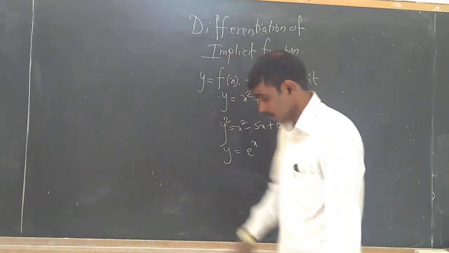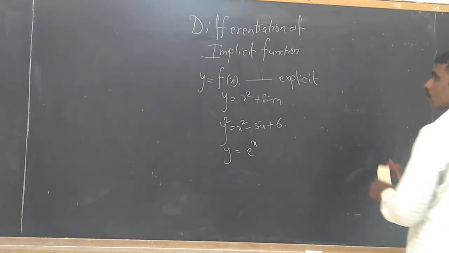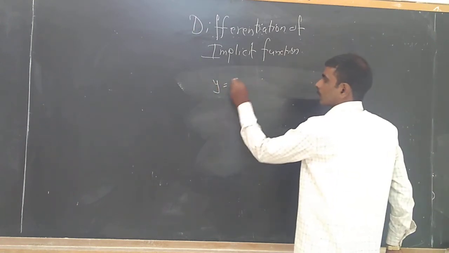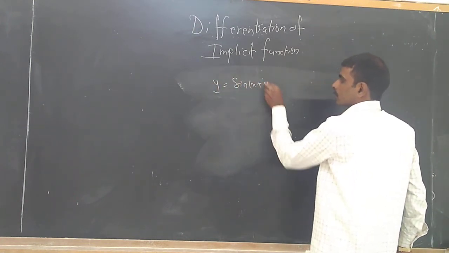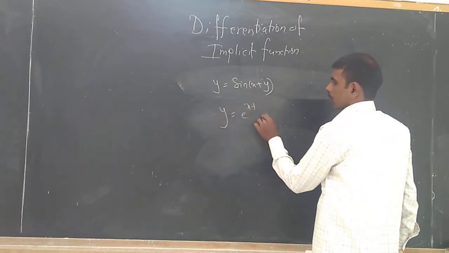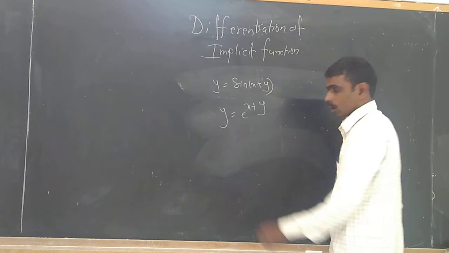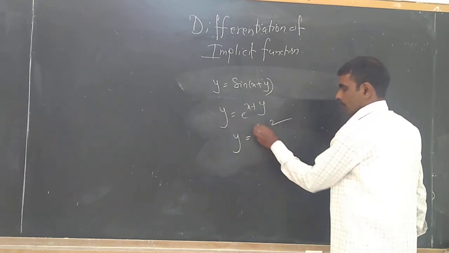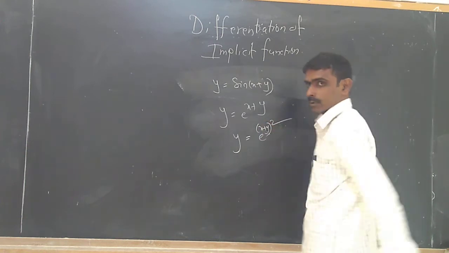Now there may be some kind of functions of the type y is equals to sine of (x plus y), or y is equals to e raised to (x plus y), or y is equals to e raised to y square, (x plus y) in bracket square.